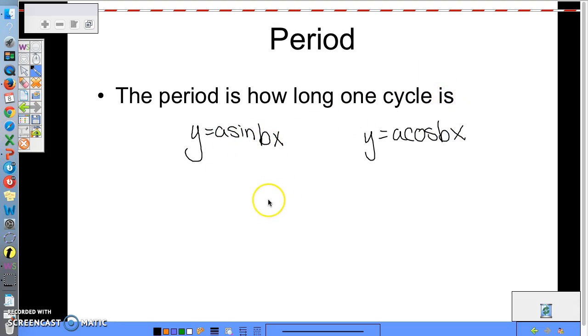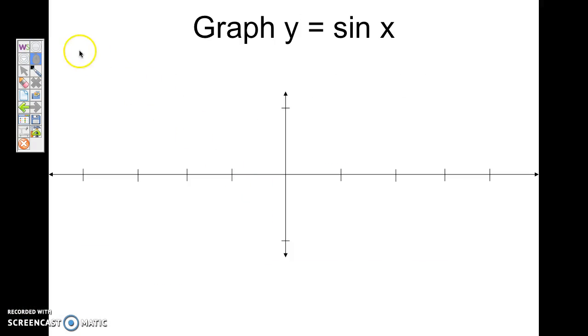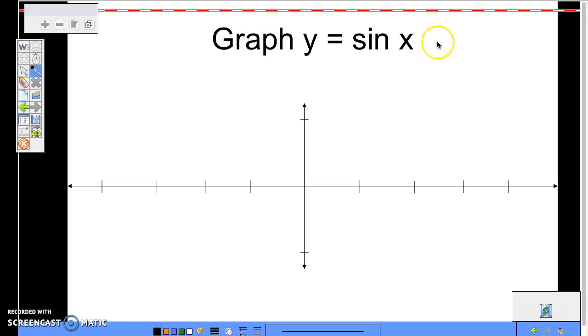So our period is typically 2 pi around a circle, but we're going to divide it by whatever that b value is. So first we're going to take a look at our regular sine and cosine. I think I got ahead of myself a little bit. We'll get back to that in a second.